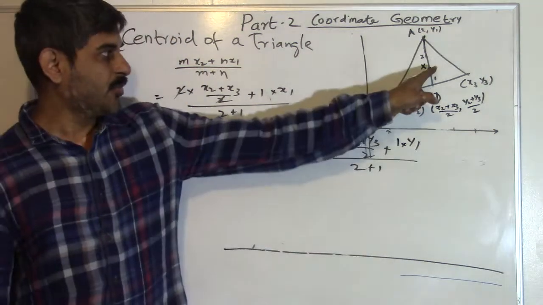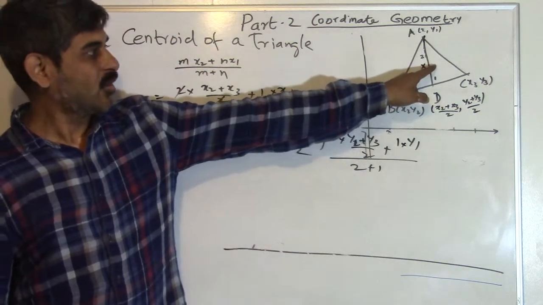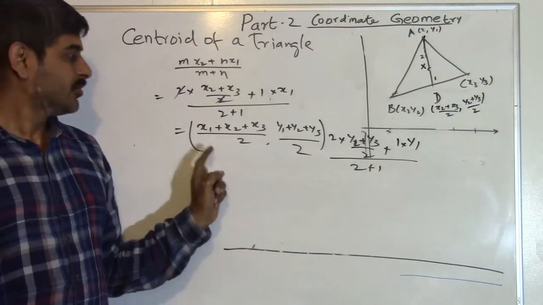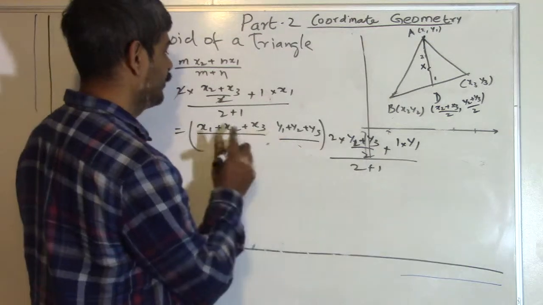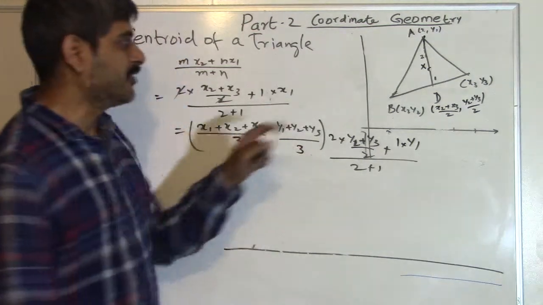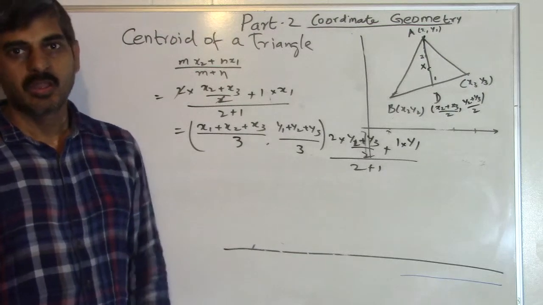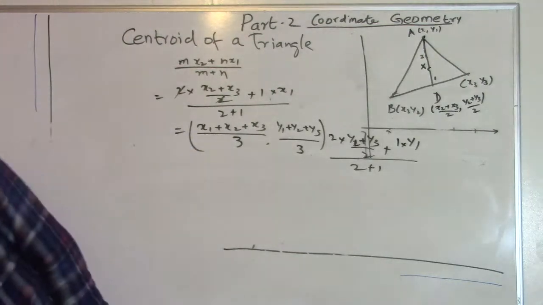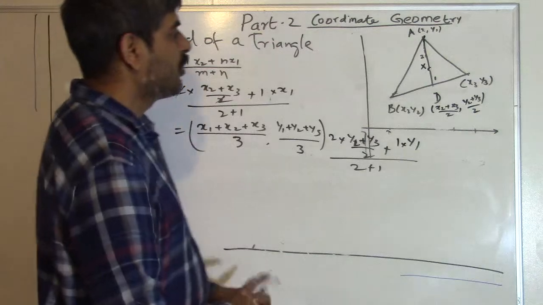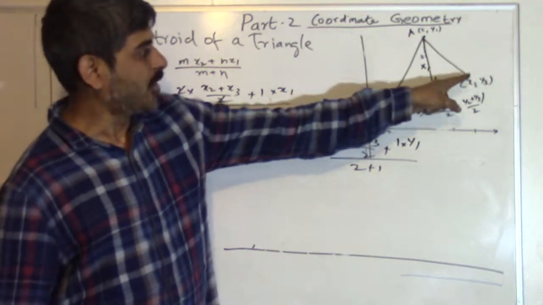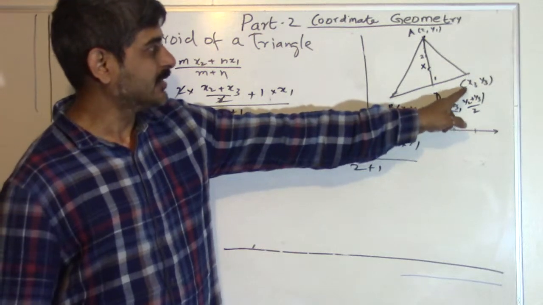We have found a point X, and the coordinates of this point are (x1 plus x2 plus x3) by 3 and (y1 plus y2 plus y3) divided by 3. Now I am doing another exercise. We are repeating the same thing by finding the midpoint of A and C.